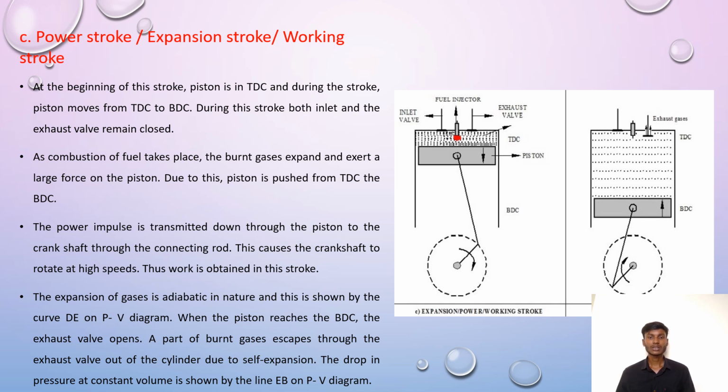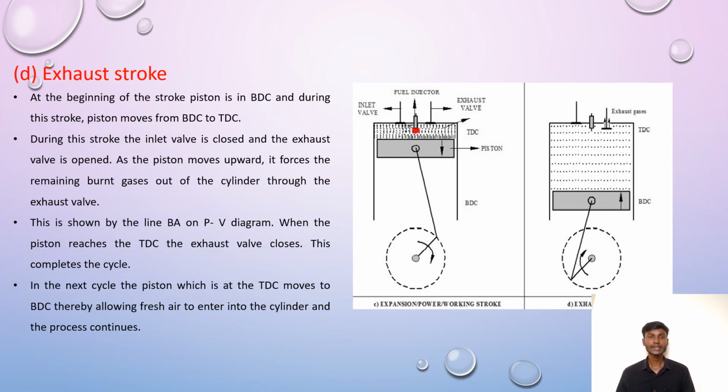When the piston reaches BDC, the exhaust valve opens, and a part of the burnt gases escapes through the exhaust valve out of the cylinder due to self-expansion. The drop in pressure at constant volume is shown by the line EB on the PV diagram. Exhaust stroke.